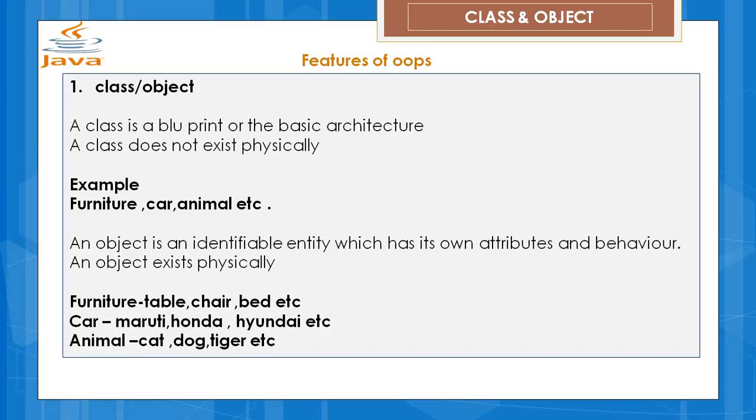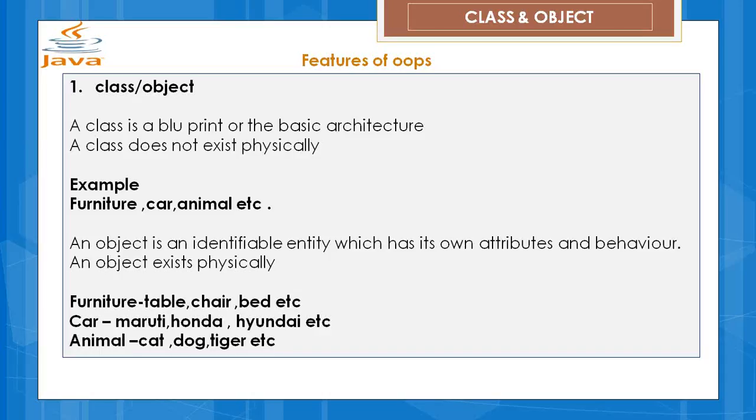So objects are always identifiable entities. All those languages which implement OOPS are known to be very close to the real world. How are they close to the real world? Because the way we interact with each other to accomplish some task, objects also interact with each other through messages to accomplish some task. It's exactly the way we are having a class right now.